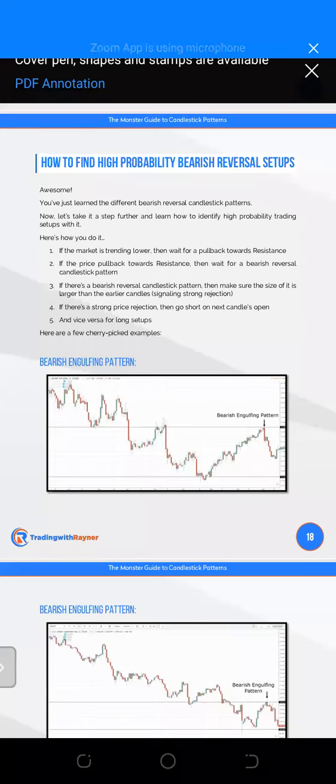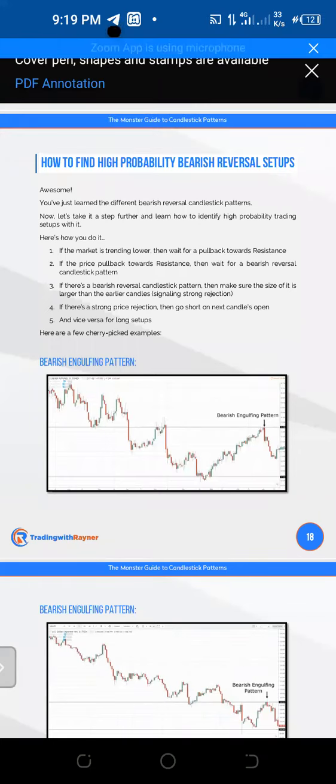If there is a bearish reversal candlestick pattern, then make sure the size of it is larger than the earlier candle, signaling strong rejection. Then number 4, if there is a strong price rejection, then go short on next candle open.